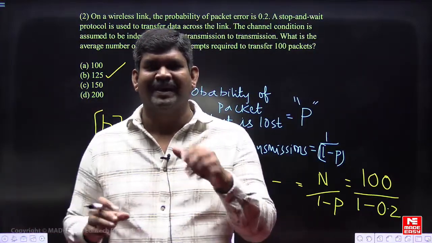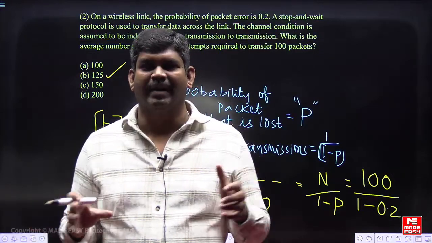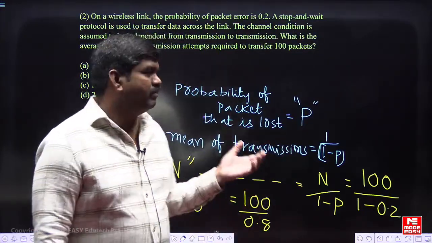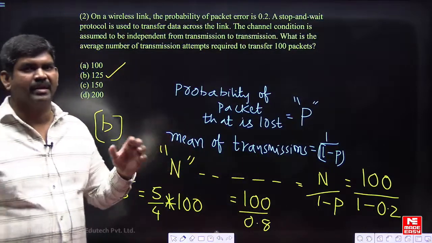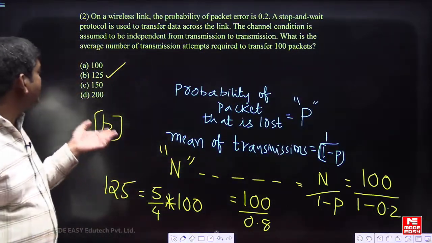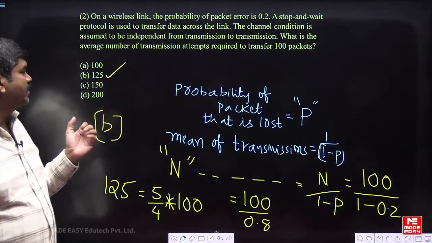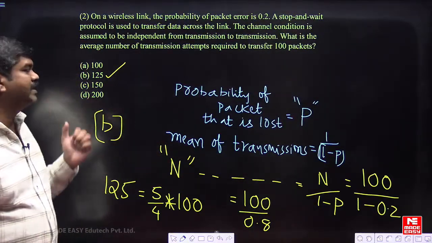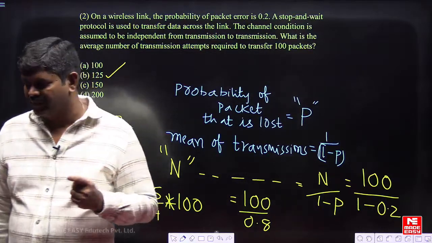If they have given it clearly, you are able to answer the question in a precise manner with the fundamentals of mathematics and the knowledge you have. Okay, so here the answer is 125. For sending those 100 packets, you have to send 125.